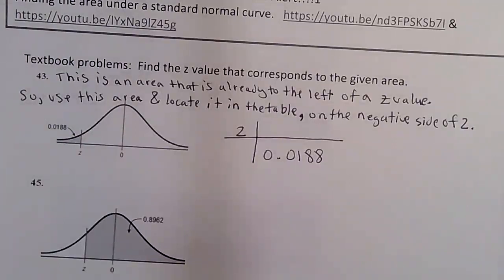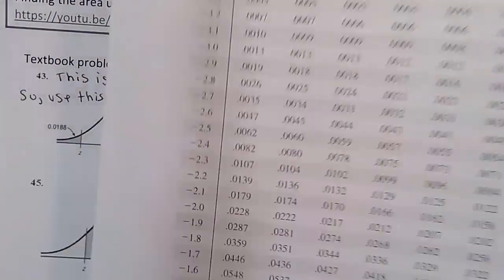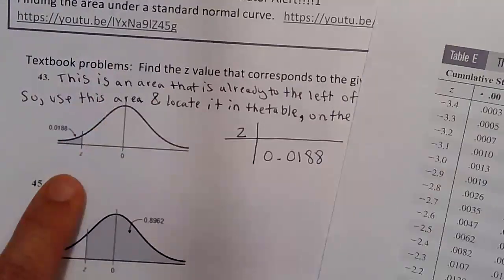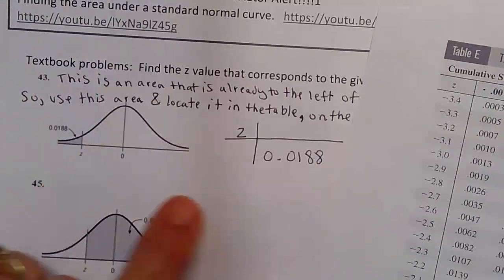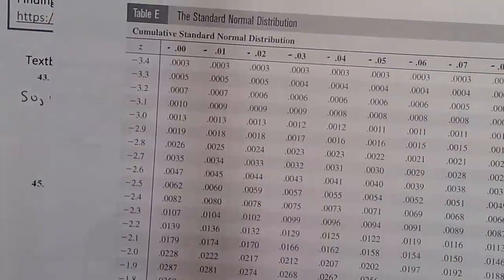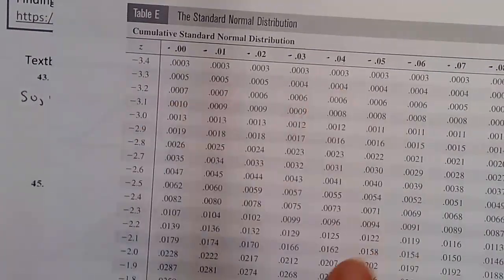We know we're on the negative side of z, and we want to look up 0.0188. You want the area underneath the curve. See, these are all areas underneath the curve.